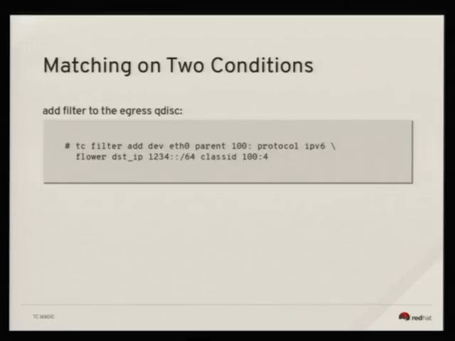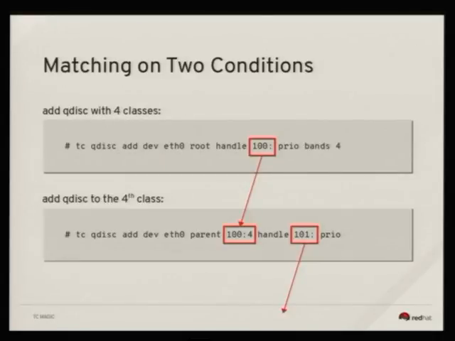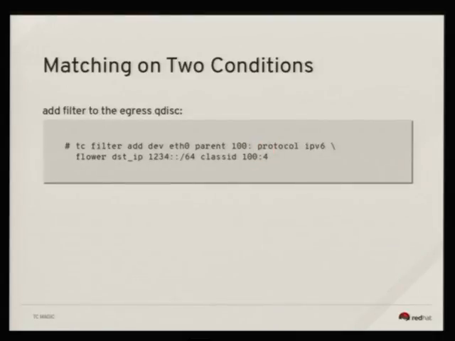So this is what we will do. We'll add a filter to the root Qdisc. This is the 100 handle for protocol IPv6, which would match on a certain IPv6 address. And instead of an action, we will do what I showed you at the beginning.